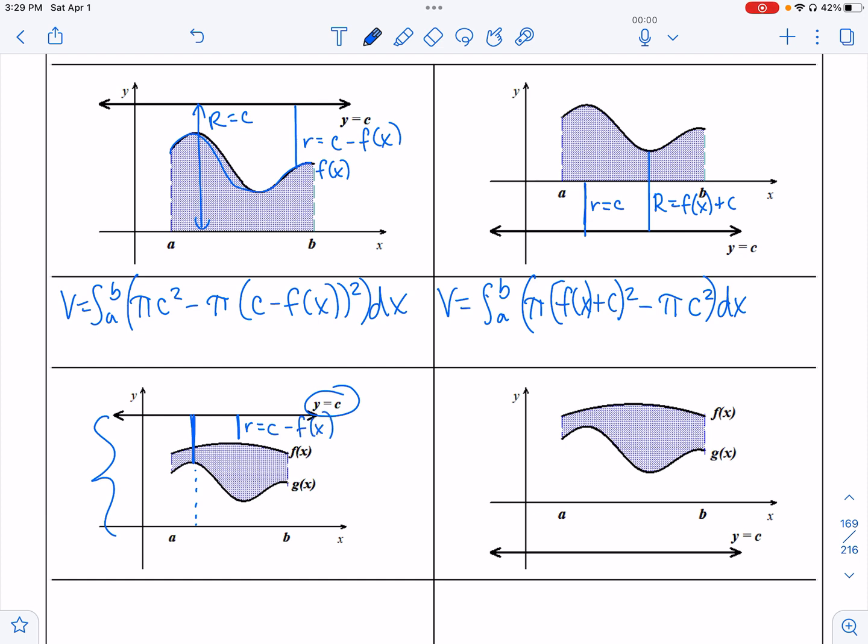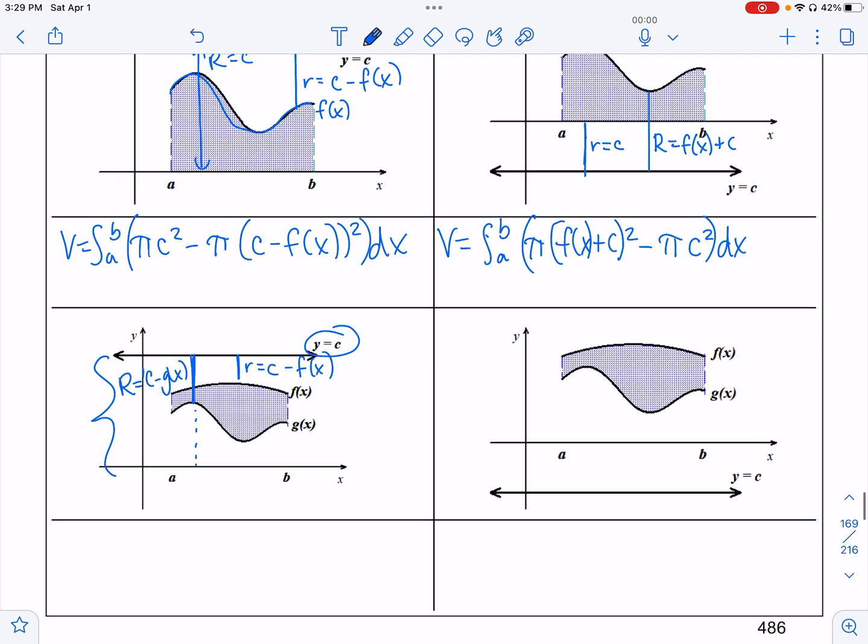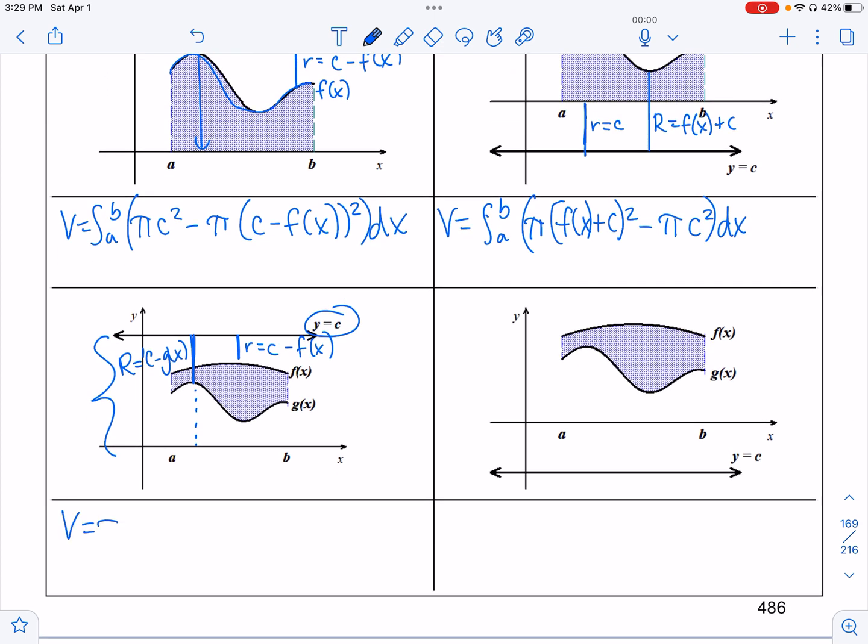So that bigger radius, capital R, is c minus g of x, and the smaller radius is c minus f of x. So we get that our volume is pi times the integral from a to b of c minus g of x squared minus c minus f of x squared.